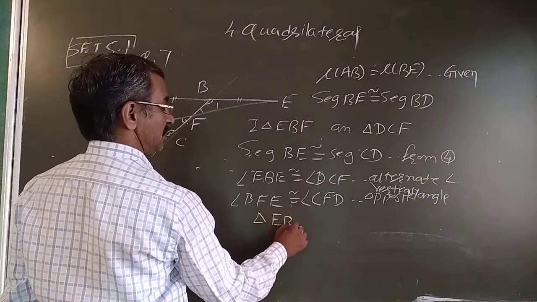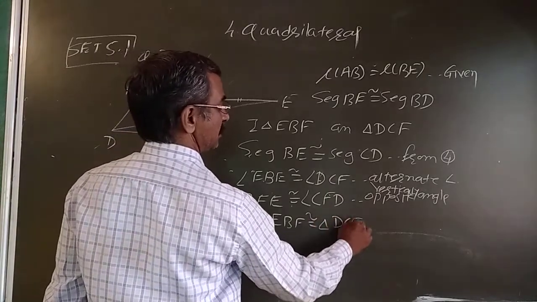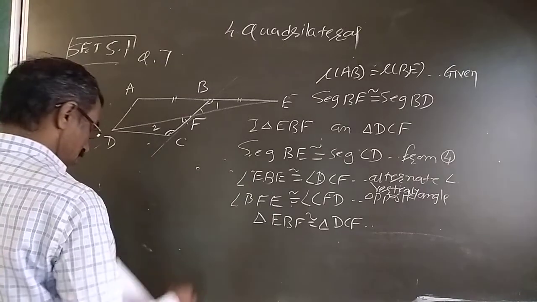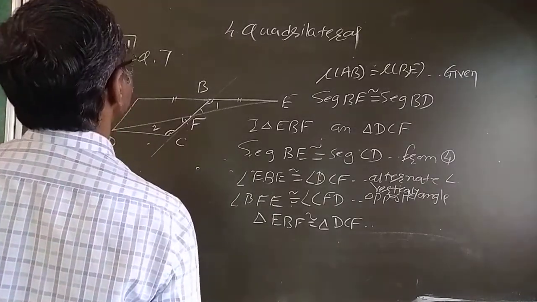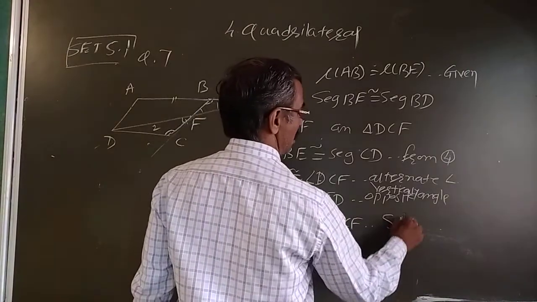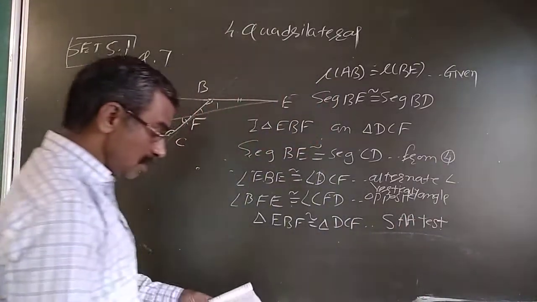So we will get the three things to prove that EBF is congruent with DCF. The three elements we know are two angles and one segment. Therefore, by the angle-angle-side test, these two triangles are congruent.